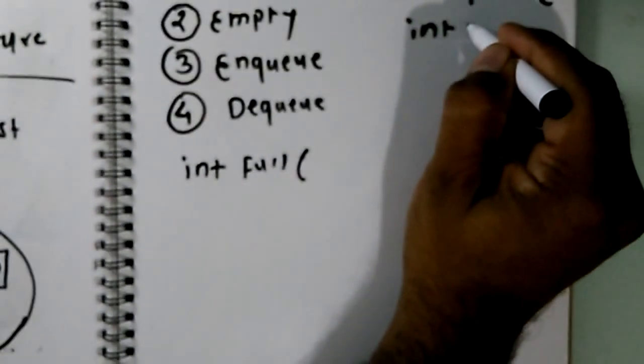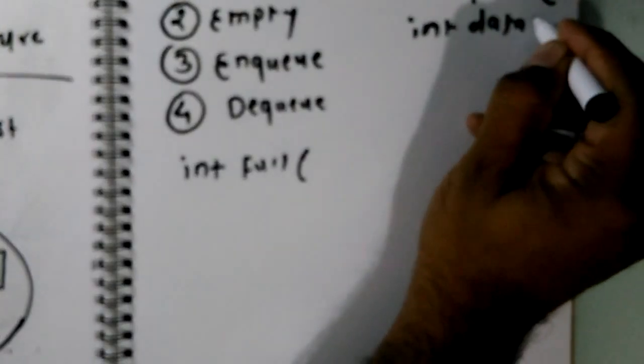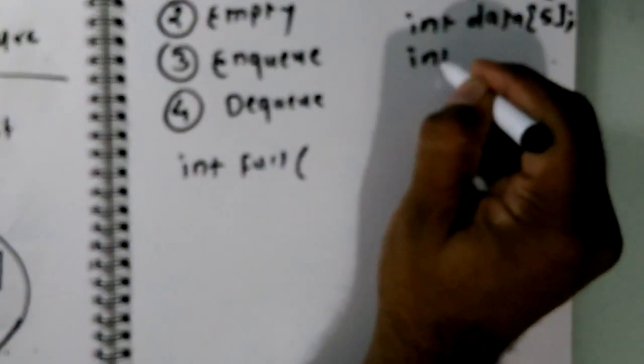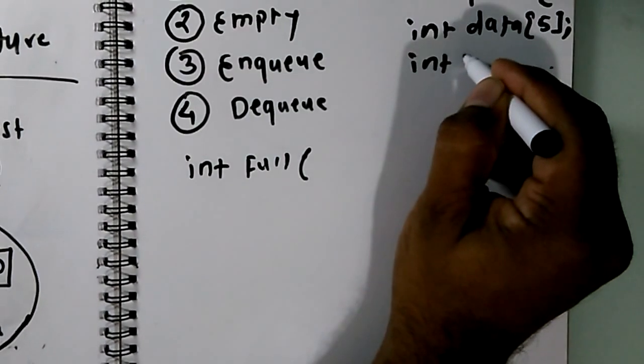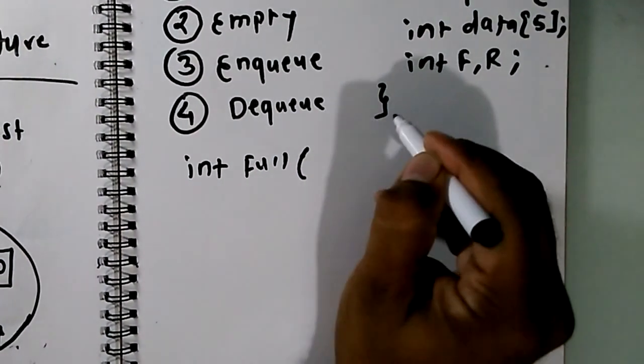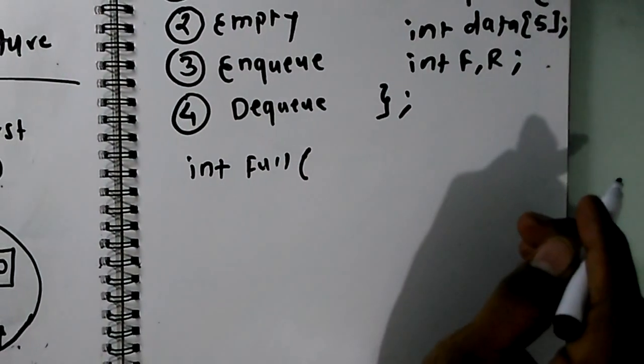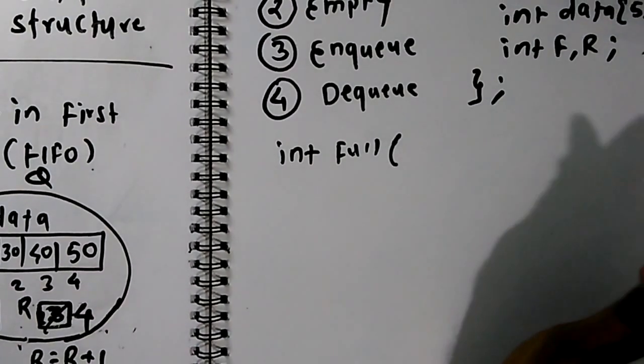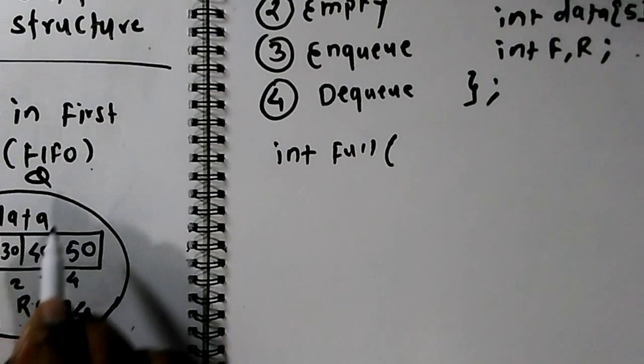So int data, let's say the size of the queue is 5, then int front and rear. That's the structure which we require in order to have such variables or such queues.